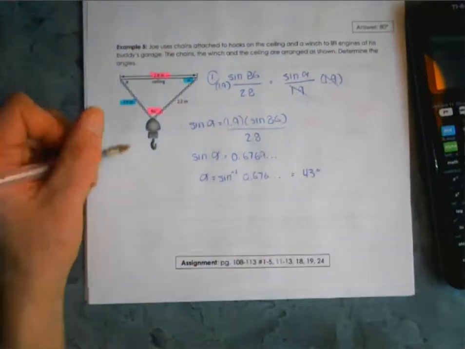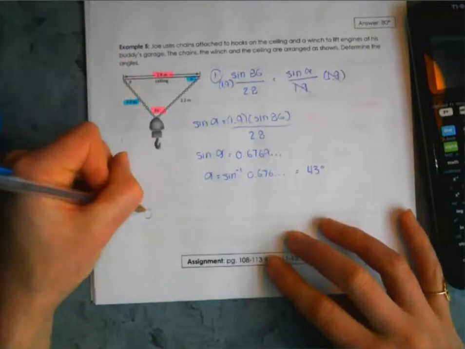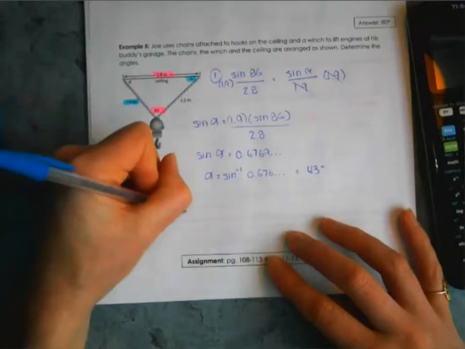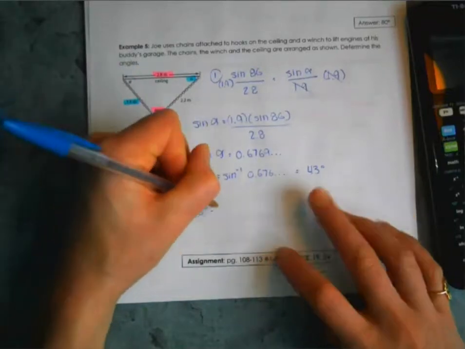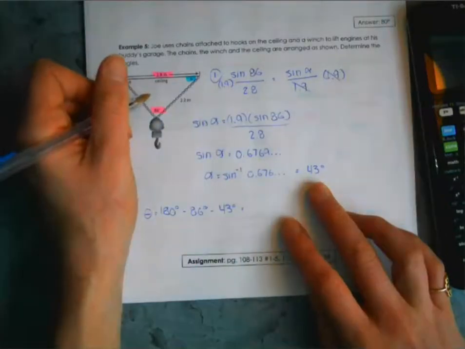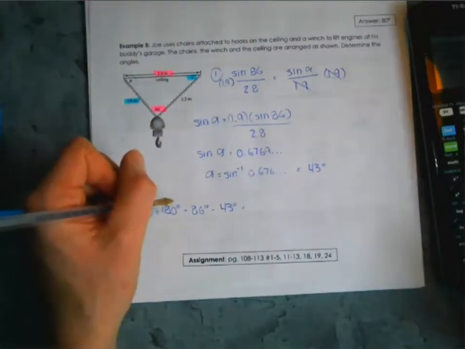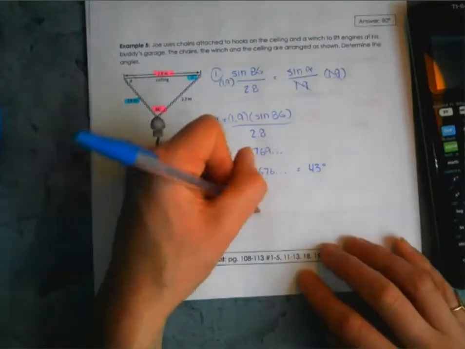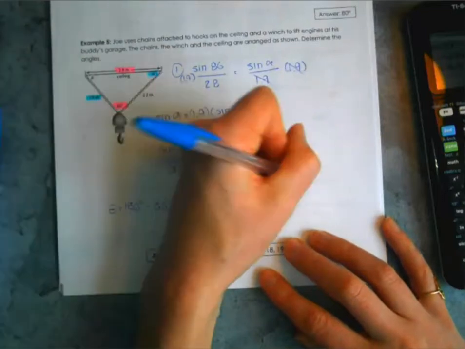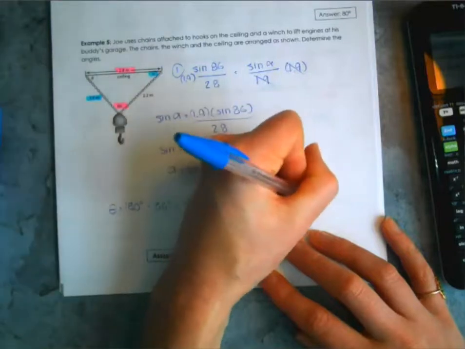So 43 degrees. Now to solve for the remaining angle, theta, we know that all angles added together are going to be 180. So if we subtract off the angles we know, 86 degrees and 43 degrees, 180 minus 86 minus 43 gives us 51 degrees. So then we would say theta is equal to 51 and alpha is equal to 43.